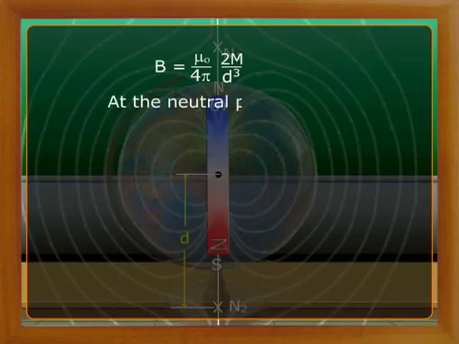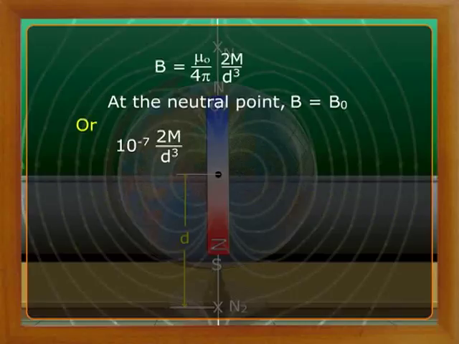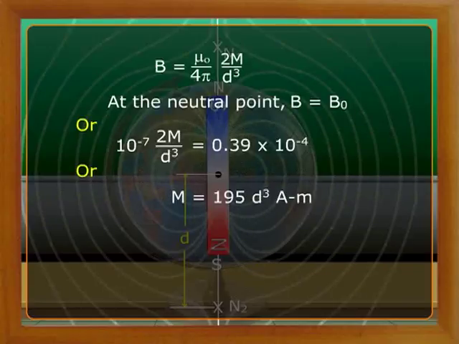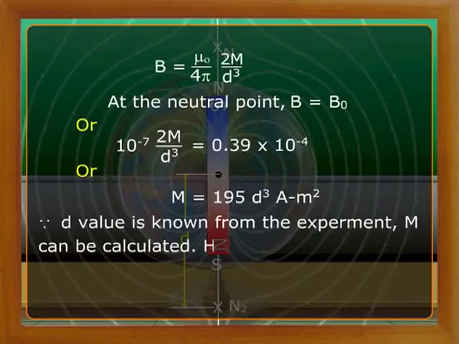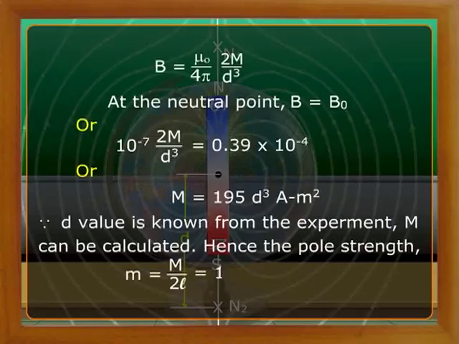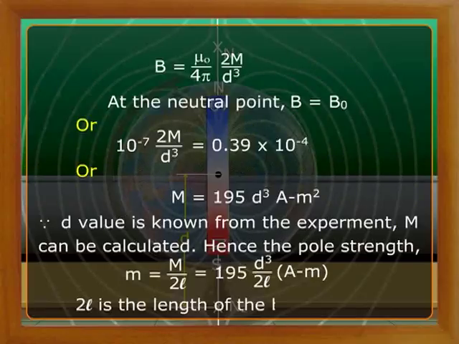At the neutral point, B is equal to B0, so 10 to the power minus 7 into 2M by d cube is equal to 0.39 multiplied by 10 to the power minus 4, or M is equal to 195 d cube Am square, which is equation 20. Since the d value is known from the experiment, M can be calculated. Hence, the pole strength m is equal to M by 2L is equal to 195 d cube by 2L Am, which is equation 21, where 2L is the length of the bar magnet.